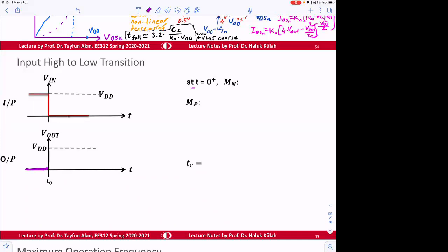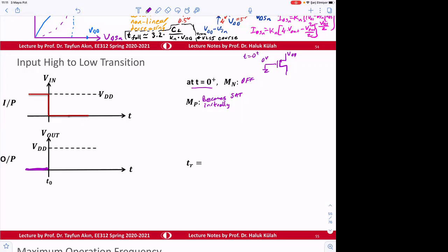At 0 plus, MN becomes off, and then MP becomes SAT initially. So the same story goes here. This will be our device, with VDD and ground, because at t equal to 0 plus, 0 volt.